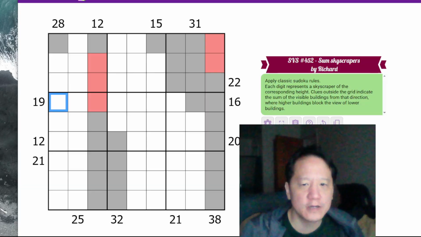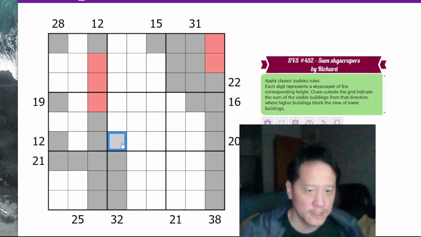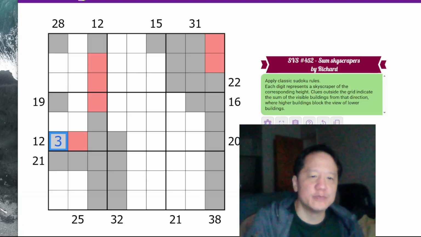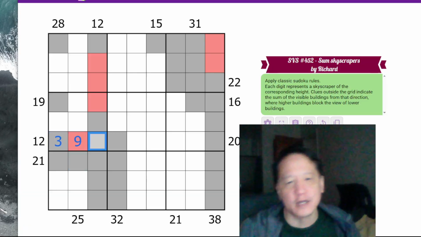Obviously not here, not here, not here. Cannot be 2 digits, so this can't be 9 here. Therefore, it's either 3, 1, 2, 9, or it's 1, 2, 9, or it's 3 and 9. So it must be 3 and 9 here. So this is guaranteed to be 3, and this is guaranteed to be 9.